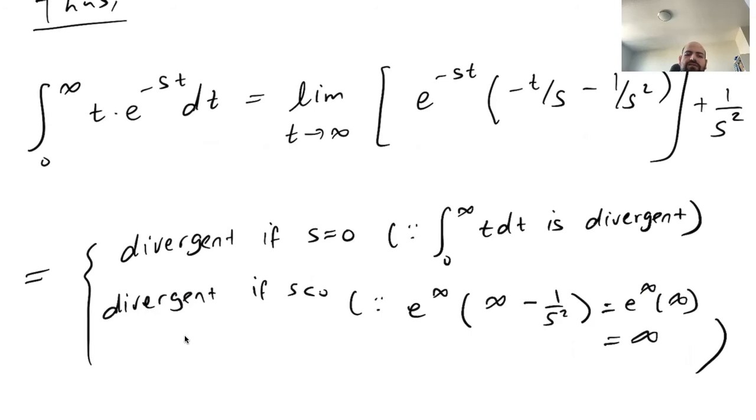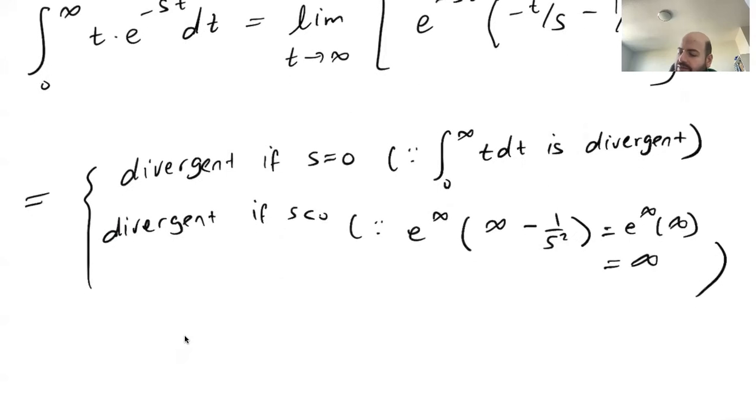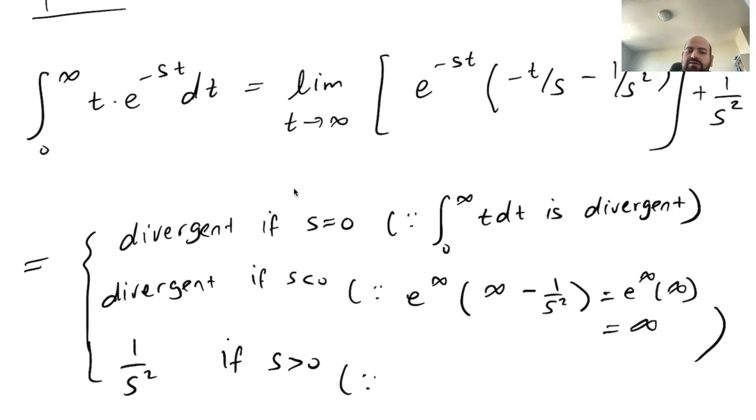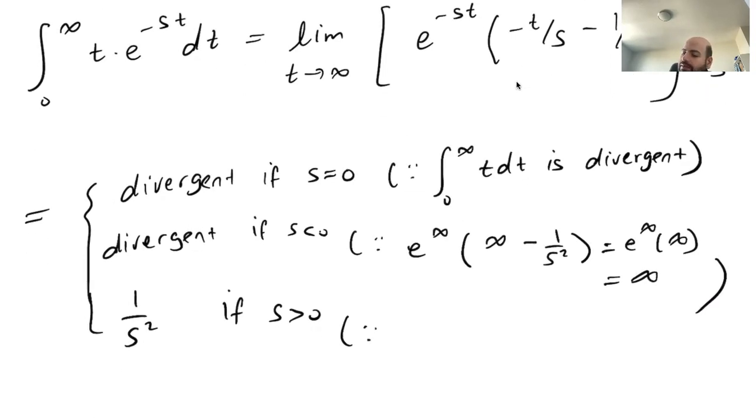And finally, if s is bigger than 0, what will I have? The answer will be, in that case, 1 over s squared. Why? Because if s is bigger than 0, this term will be e to power minus infinity, and t goes to infinity.